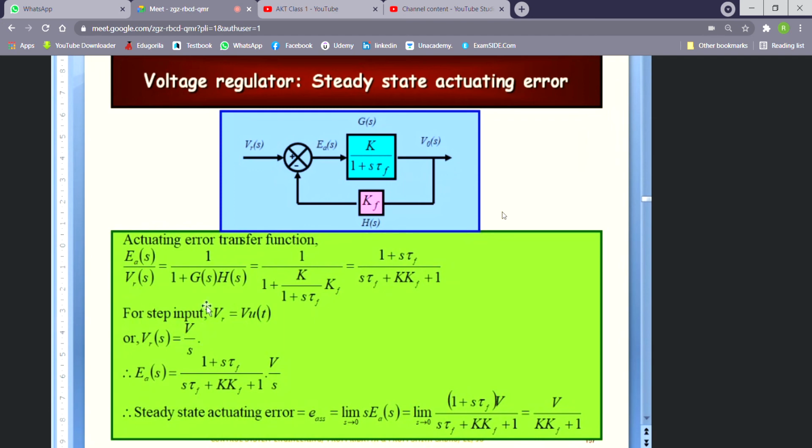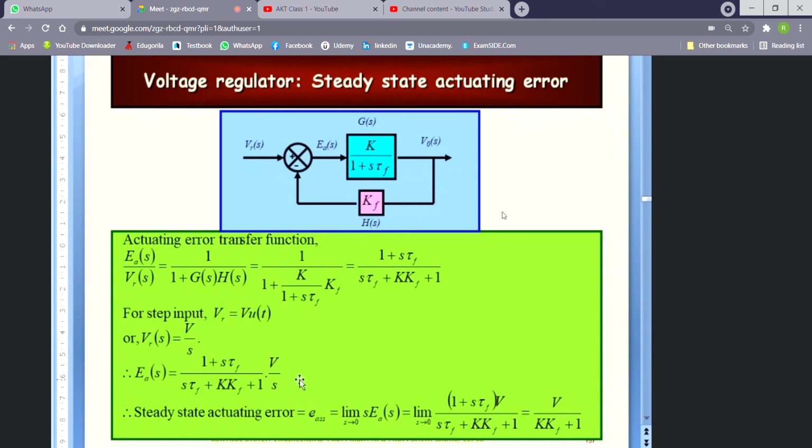So this is the constant, the value of the step, the amplitude or magnitude of the step input. So VR(s) is equal to V by s. And from this expression, EA(s) is equal to VR into the rest of the things, where VR has been substituted by V by s.